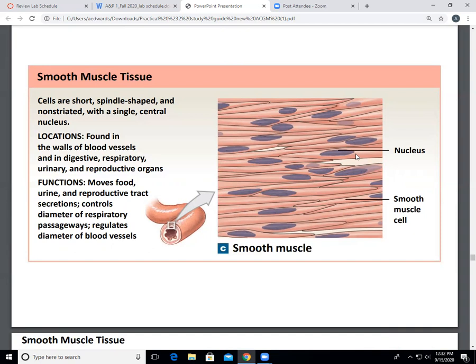Walls of hollow organs, blood vessels. What does it do? It moves food, urine, reproductive tract secretions. Okay, monitors and controls the shape or diameter of the passageways in your respiratory system. Also regulates the diameter in your blood vessels.